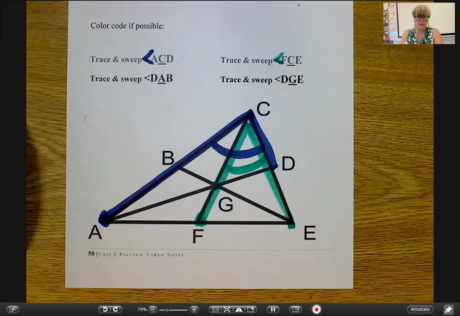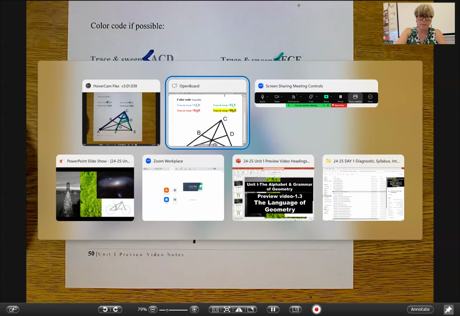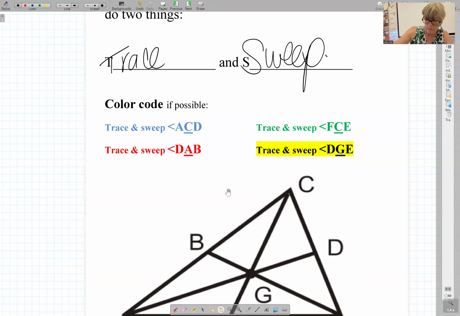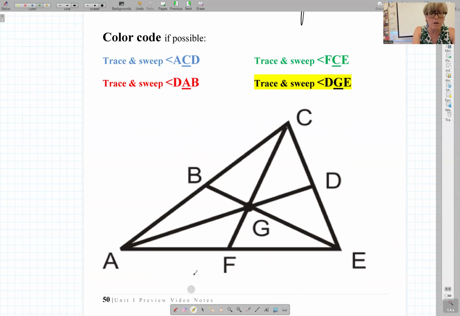F, C, E. Let me do it here as well. All right, so ACD would look like this. A, C, D, trace and sweep. F, C, E, trace and sweep.